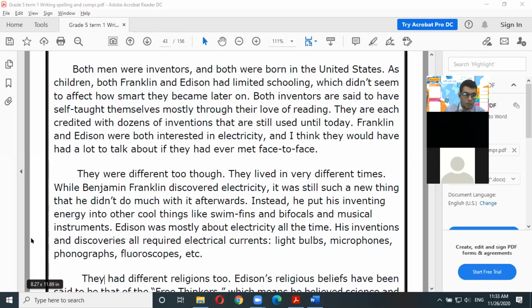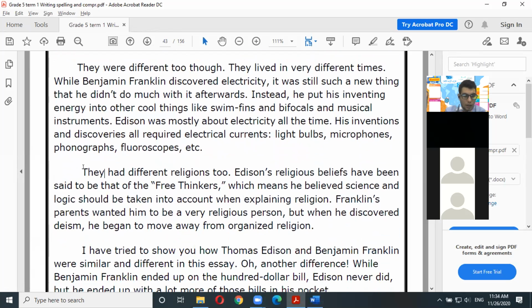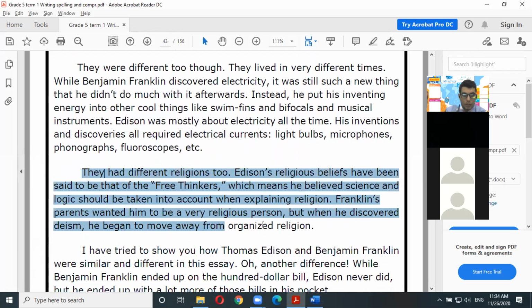Omar Ahmed Mohsen, read from here, all of it. They had different religions too. Edison's religious beliefs have been said to be that of the free thinkers, which means he believed science and logic should be taken into account when explaining religion.